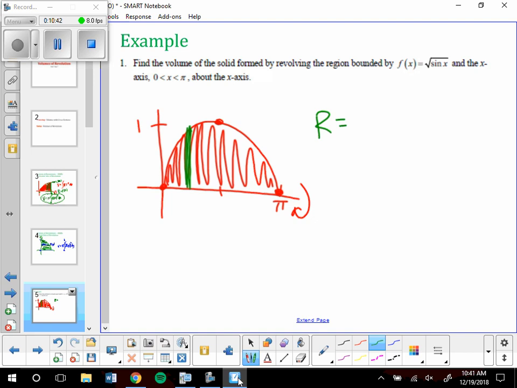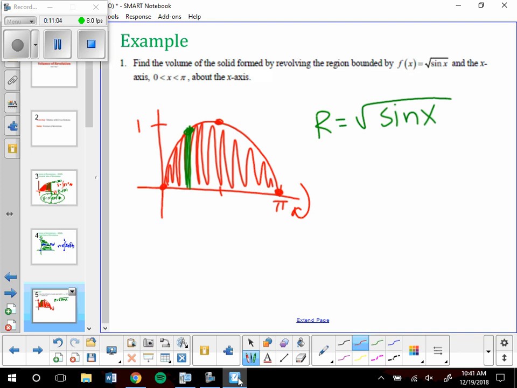Top minus bottom. What's on top? One. Is 1 always on top? It's the square root of sine x. It's your function height that's on top. And what's minus the bottom? What's the bottom? 0. So it's just your radius, just the square root of sine x. And that's all we need is a radius.